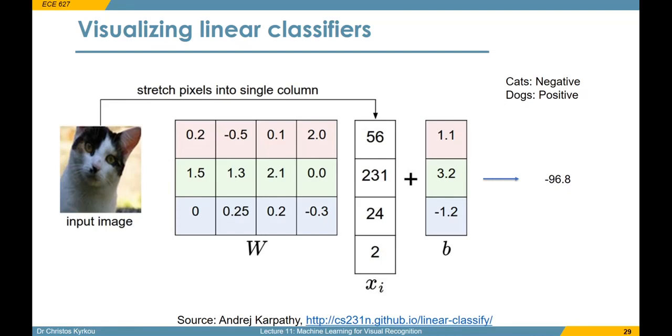In this particular example, what we also show here is that you can have multiple such classifiers. Every row in the matrix W is a different linear classifier. So at the same time, we get some results for different classes as well. For the first class, in the cats versus dogs example, it's negative, so it's classified as a cat.